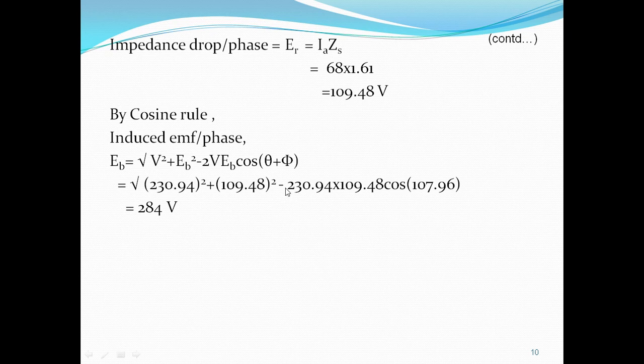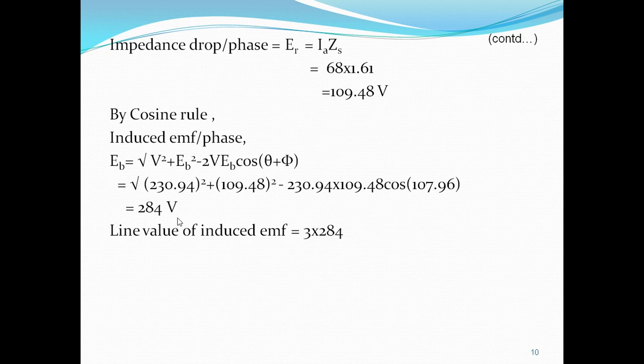You have to put 2 also here. 2 into 230.94 into 109.48 into cos theta plus phi. We have to add these two angles. Then we can get 107.96 degrees. I forgot to put degrees also. Then we will get 284 volts. This is the induced EMF per phase value.